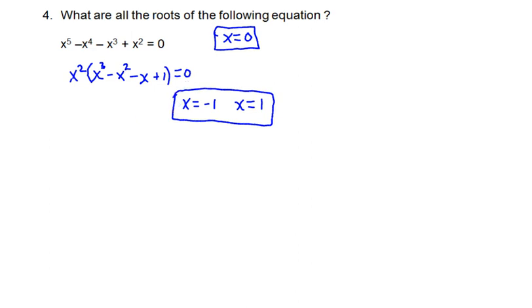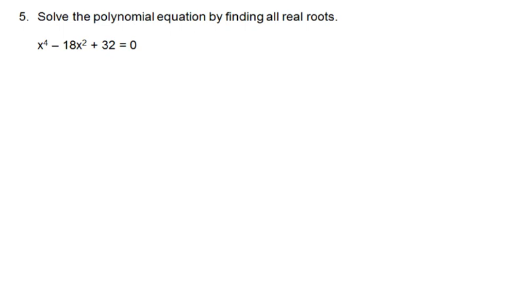Next, 5. Solve the polynomial equation by finding all real roots. Okay, so similar type of problem. I'm going to just start by graphing this.